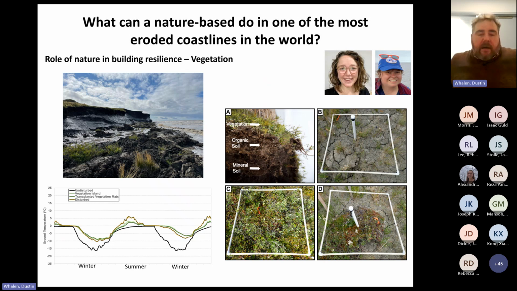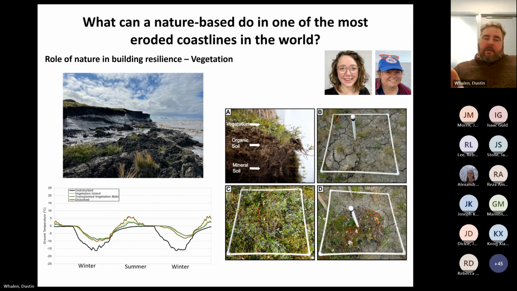Vegetation. Again, Rebecca teamed up with the Aurora Research Institute here, Erica Hale, to look at vegetation. And the project was initially known as the SEED project, where they wanted to look at the baseline data for whether people could possibly revegetate these active coasts.